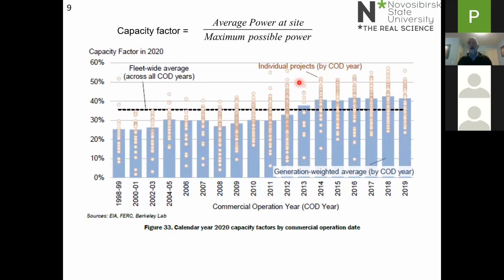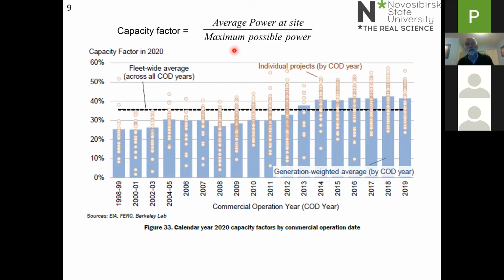Okay, this slide shows you probably the most important single number that relates to renewable energy generation and renewable energy projects. It's called the capacity factor. It's a factor, but it's usually given as a percentage.